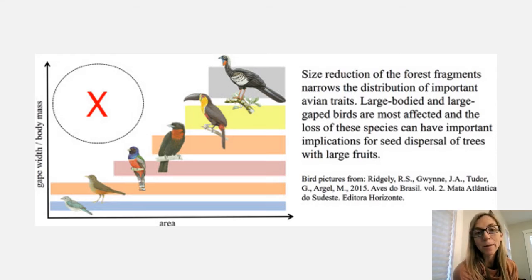These species play a pivotal role in seed dispersal, carrying a high number of seeds and also consuming the larger seeds that smaller birds would not be able to disperse. So there's an intuitive impact here on plant communities if we lose some of these larger seed dispersers as patch area becomes smaller.